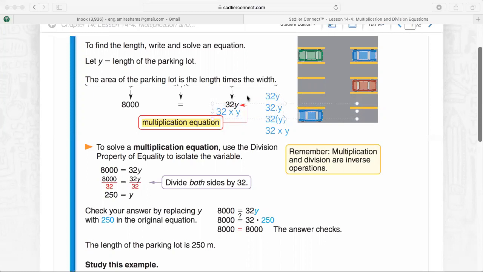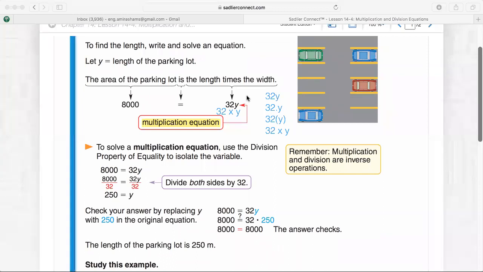What is the inverse of multiplied by 32? As I told you before, I will not add or subtract the variable. I will do the inverse of the operation by the number, not by the variable, because I want to isolate the variable.